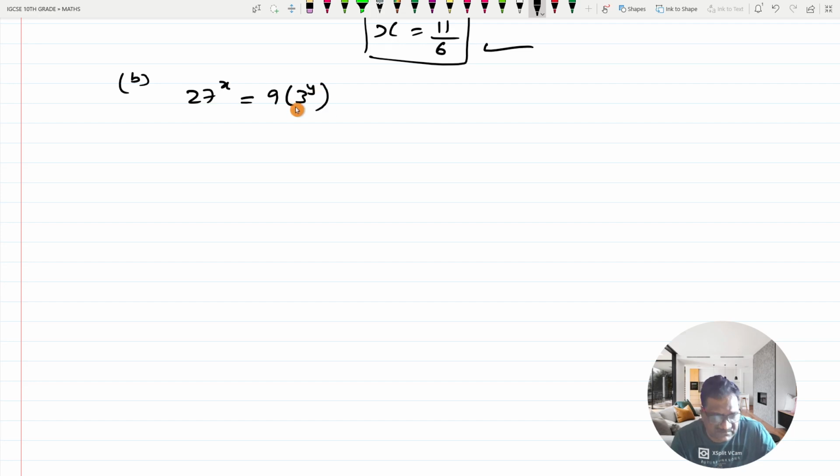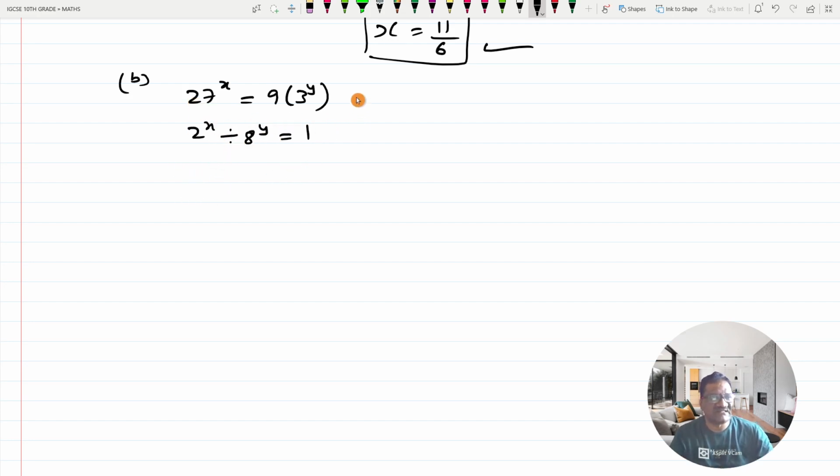And another equation is 2 raised to x divided by 8 raised to y is equal to 1. These are my two equations, and as you can see, these are equations in exponential form. So let us see what can be done.